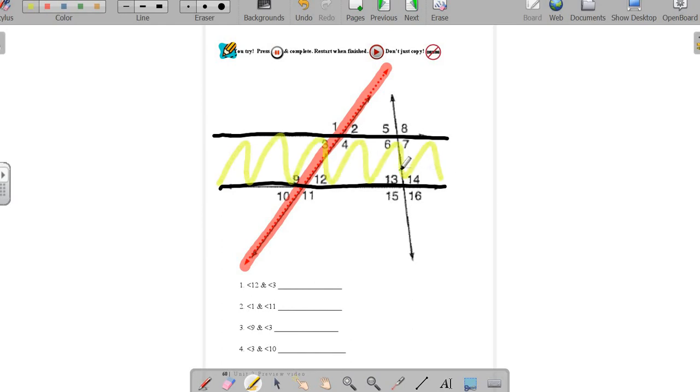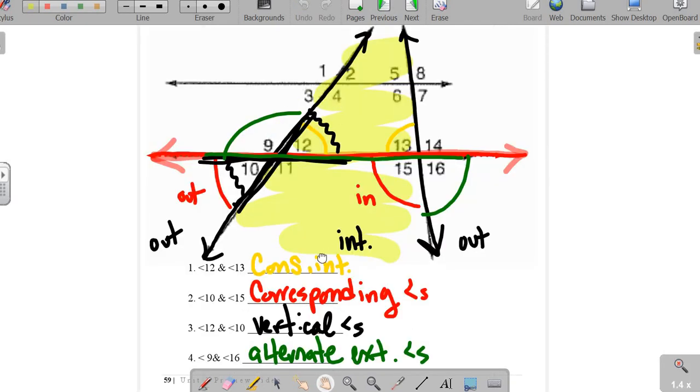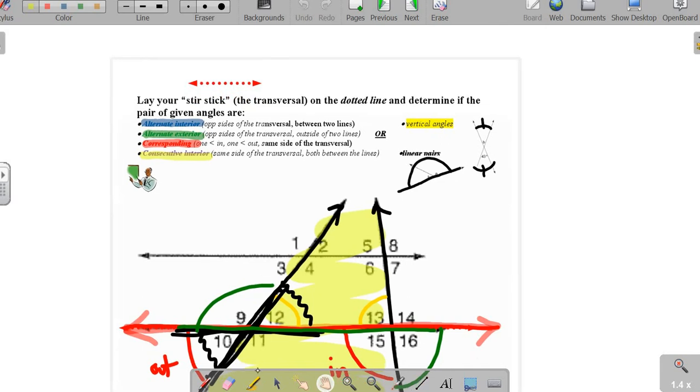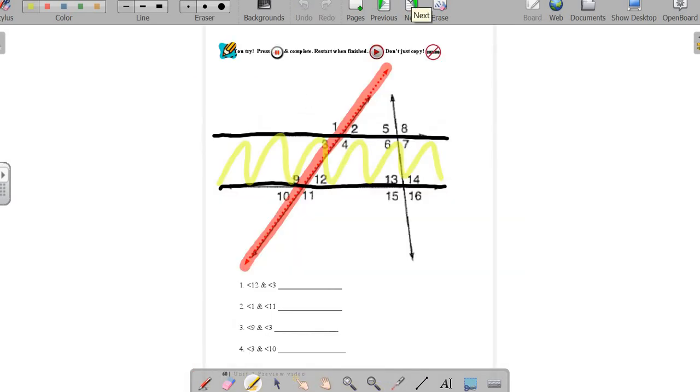Sweep the various angles and identify. When I say identify, I mean one of these potential six possibilities: 1, 2, 3, 4, 5, 6. It's going to be one of those six. Pause the video. Restart when you're finished.